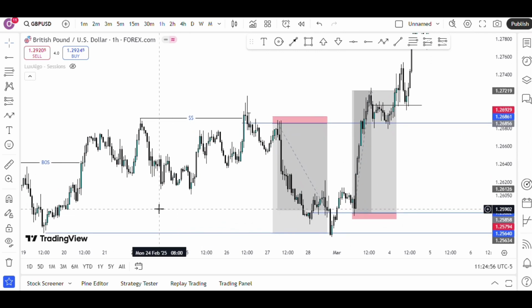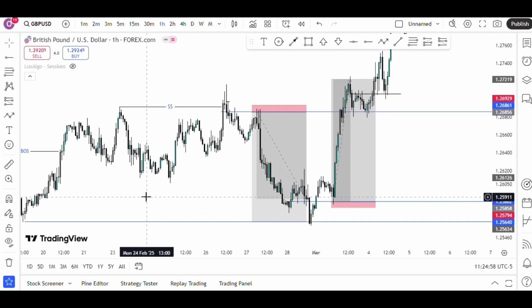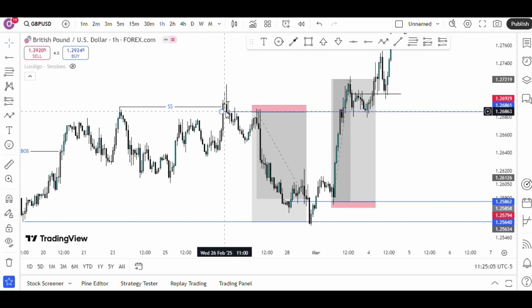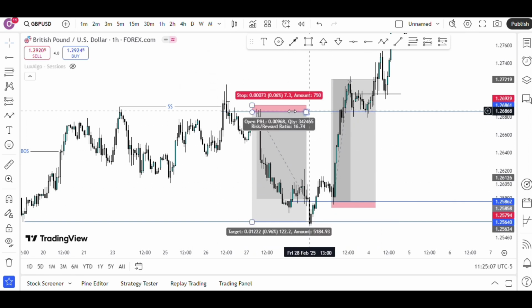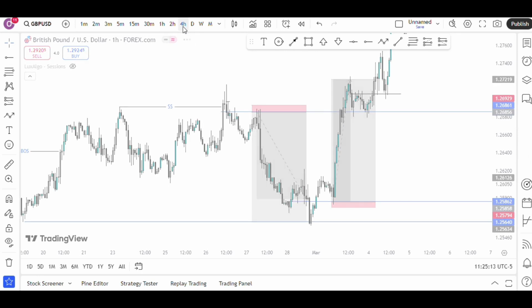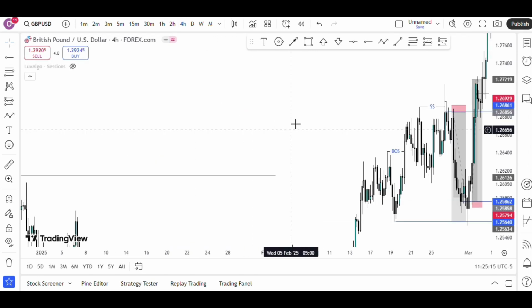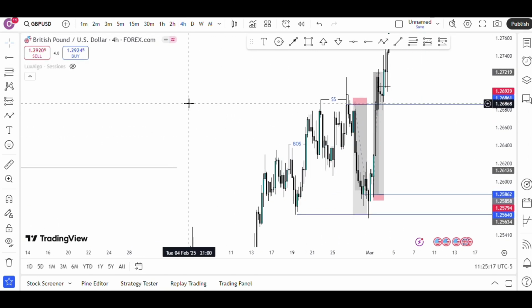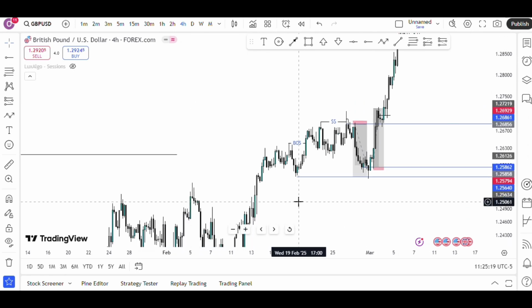So what do we see right here on GBP USD? We are bullish from time, and for a moment we have a little pullback to continue the trend to the upside. Am I right? So how I caught this trade was that from the 4-hour time frame, we are actually bullish, right?